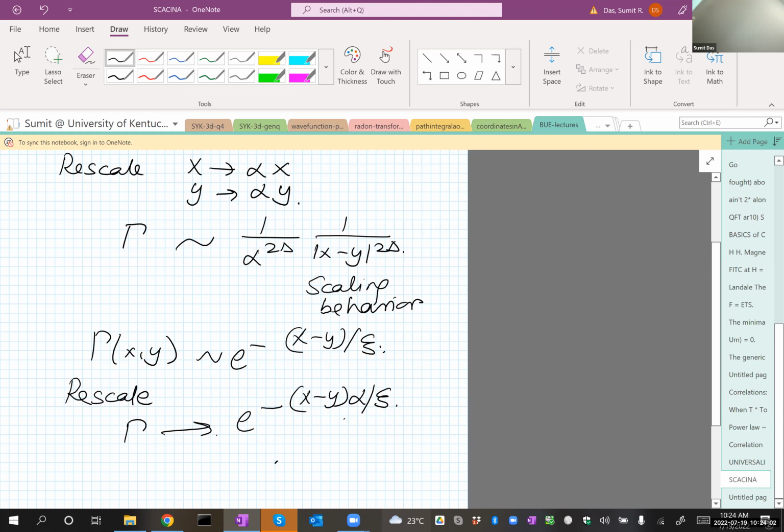Rather, what is happening here, you need to rescale the correlation length itself. But the correlation length is just some function of temperature. There is no meaning of rescaling that.